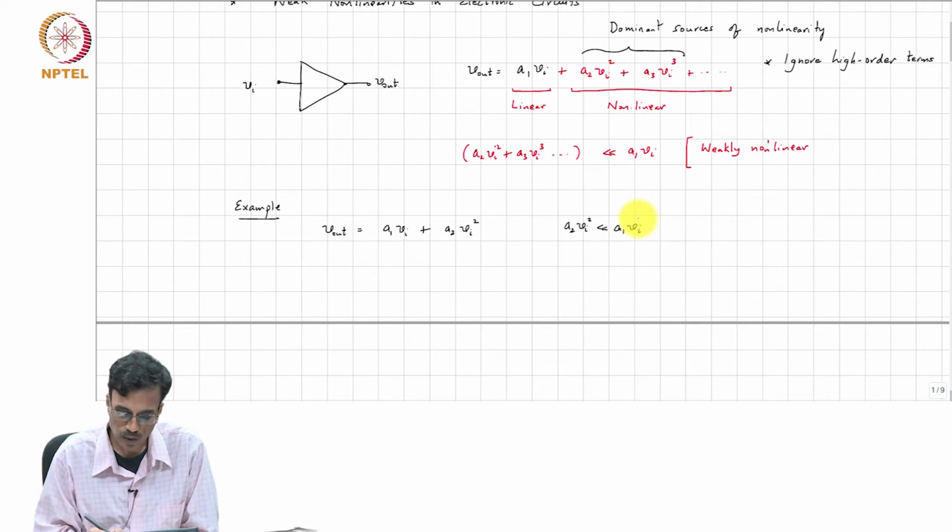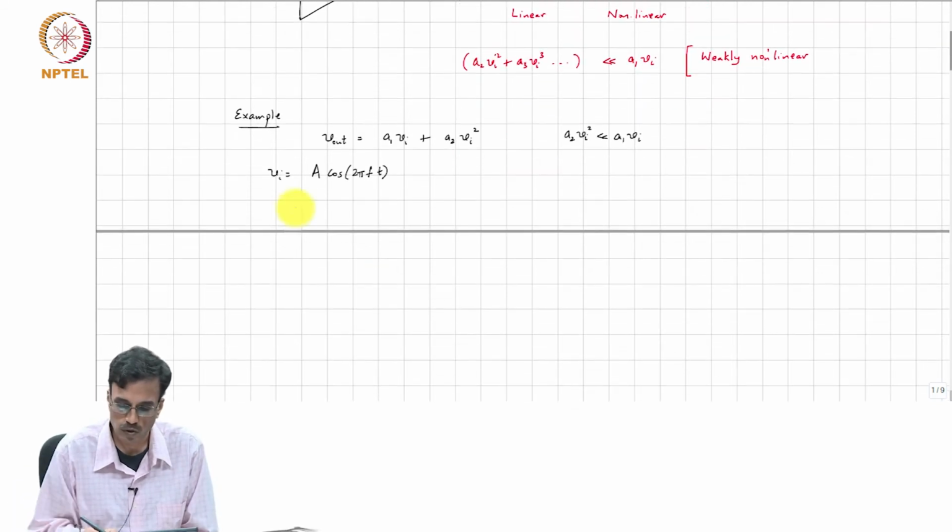And the question is, what happens when Vi is a sine wave with amplitude capital A and then cos 2 pi ft?